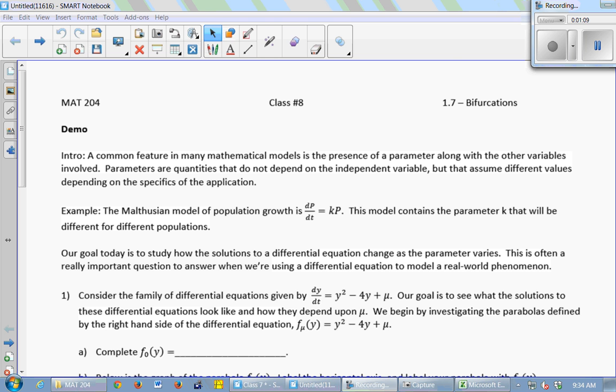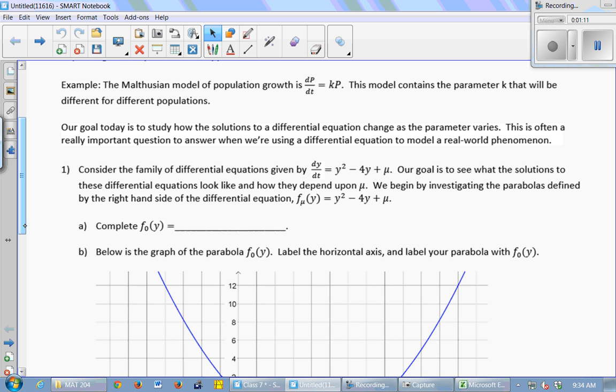Like the Malthusian model of population growth, where the rate of growth is proportional to the size of the population. The constant of proportionality k will be very different if you're studying a population of fruit flies than if you're studying a population of humans.